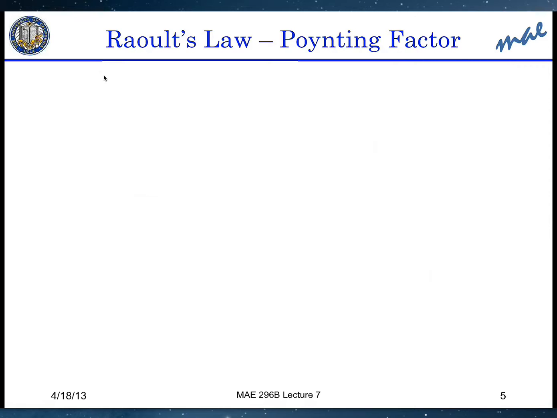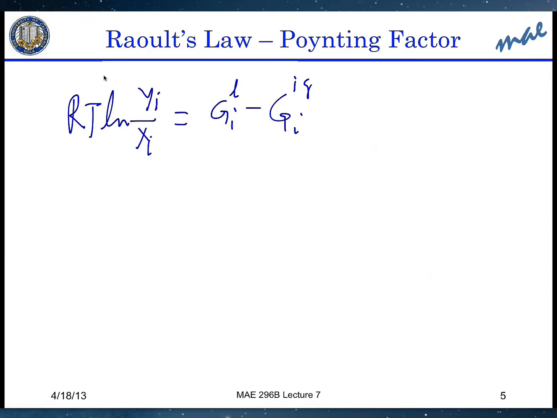So in here I have the result that RT ln of yi over xi is equal to Gi liquid minus Gi ideal gas. That difference now I can find from the previous page, and that difference comes to be two parts.